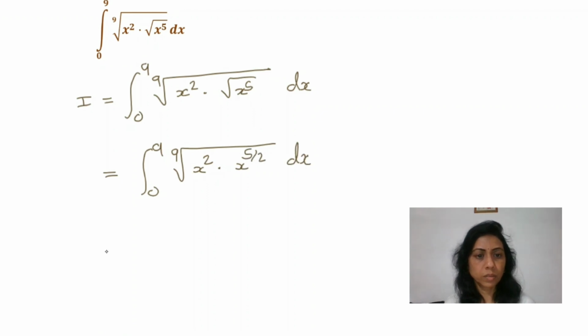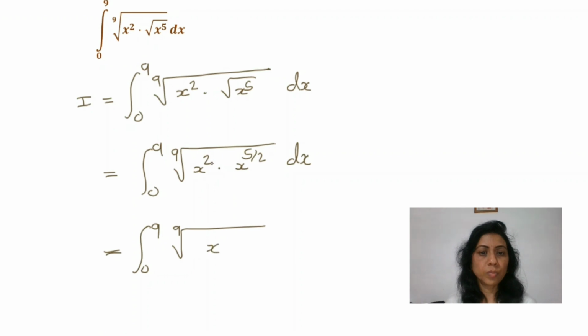Okay, this is 0 to 9, ninth root. Here, when we solve this, the powers we can add: 2 plus 5 upon 2. It means 2 times 2 is 4, 4 plus 5 is 9, so 9 upon 2 dx.